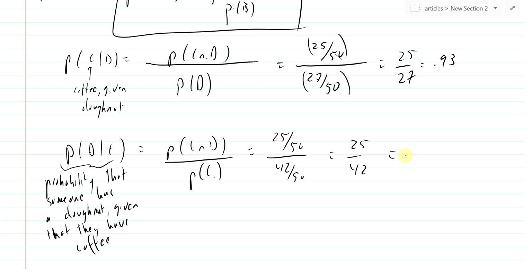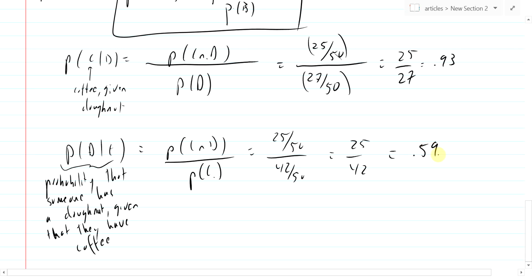I screwed up my numbers. 25 people have coffee and donuts out of 42, and so that equals 25 divided by 42, which is .5952. So that's actually 59%.